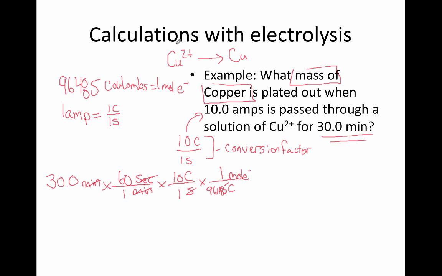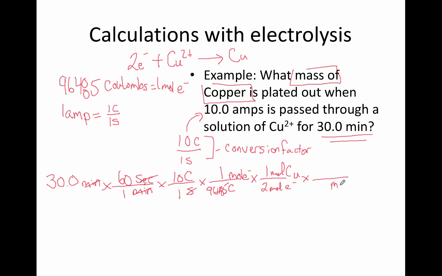So we have a charge of 2+ on the reactant side, we have a charge of 0 on the product side, so to make our charges equal, we have to add 2 electrons to the reactant side. So that means now this half reaction is balanced, so that means that we have 2 moles of electrons for 1 mole of copper.